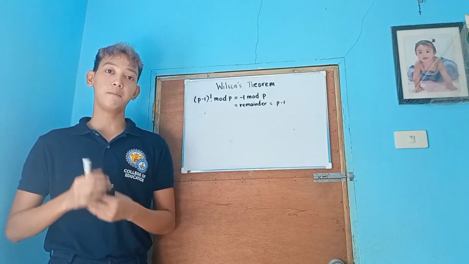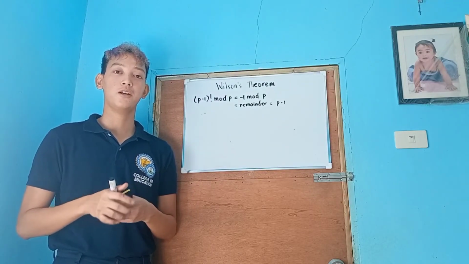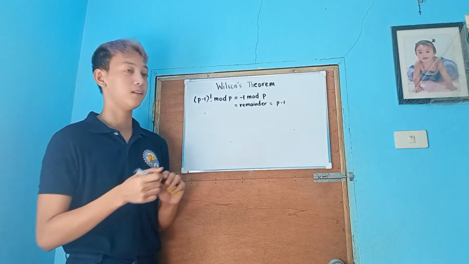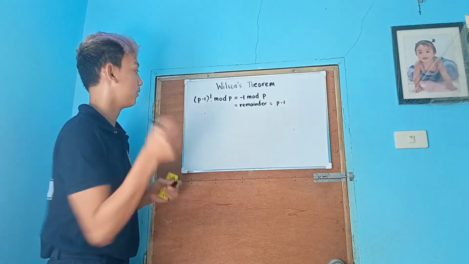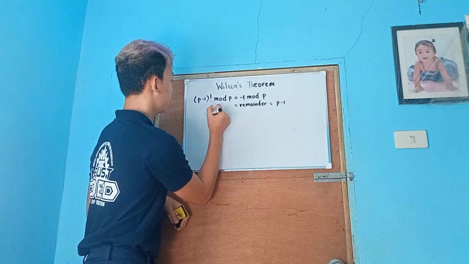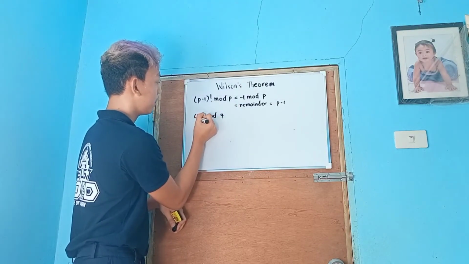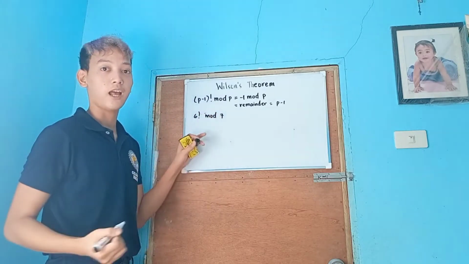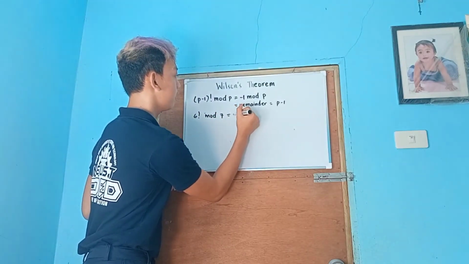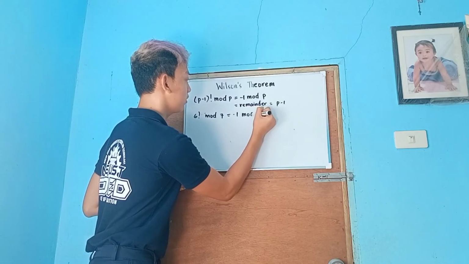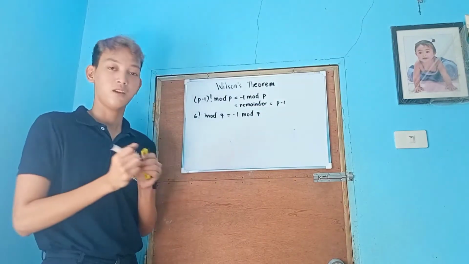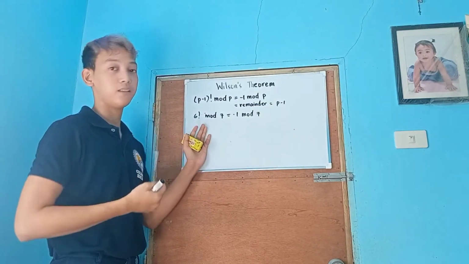Let's say for example our prime p is 7, then it becomes mod 7. Then it becomes 6 factorial equals negative 1 mod 7. So, why does it become like this?